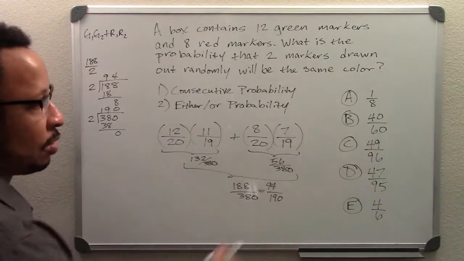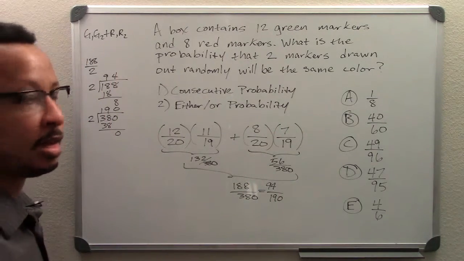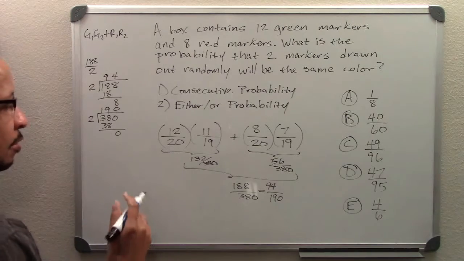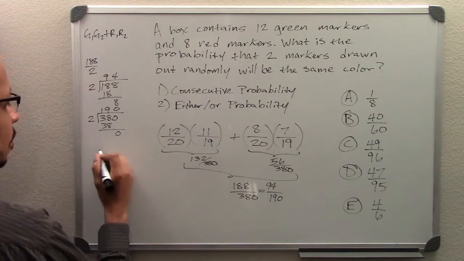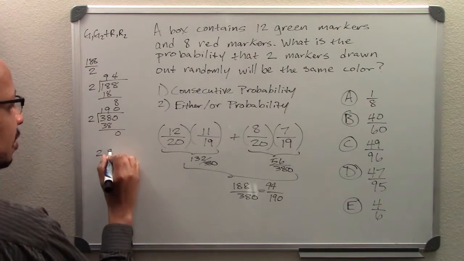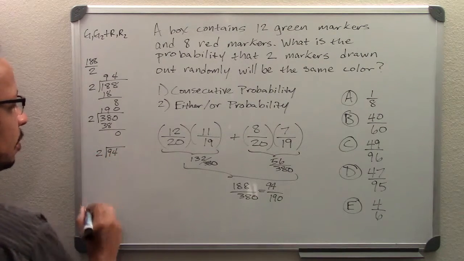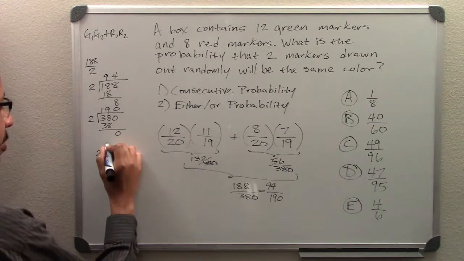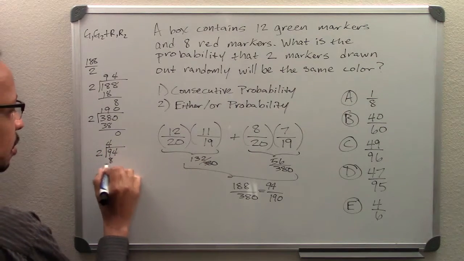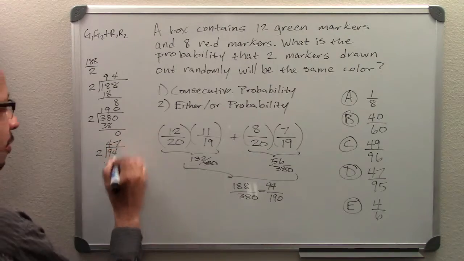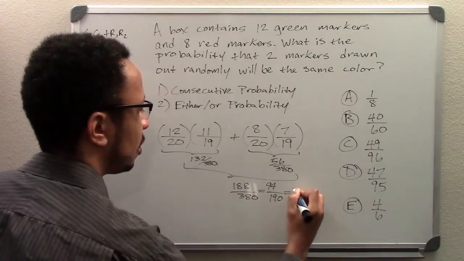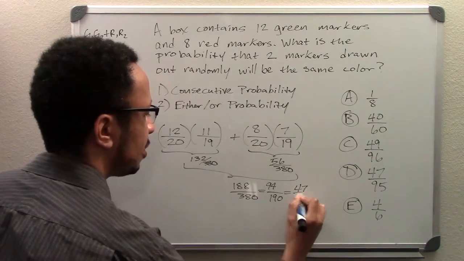Out of our answer choices, we still don't have that. So let's try to reduce even further. Both of these numbers are still even. 2 goes into 94 how many times? 2 times 4 is 8. 1, bring down the 4. 2 times 7 is 14. So our numerator is now 47.